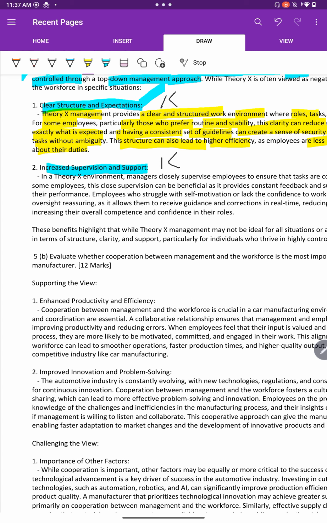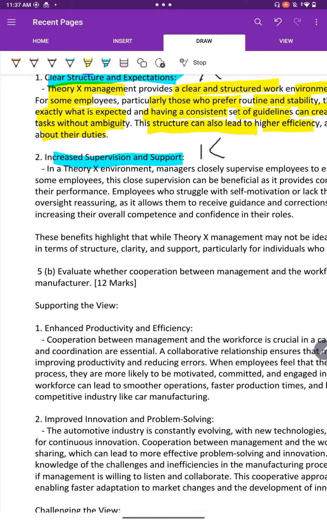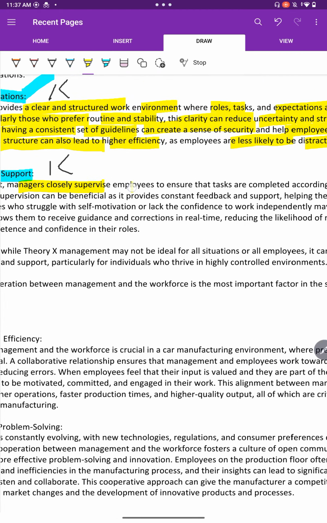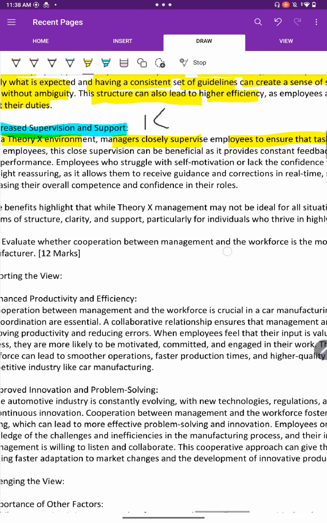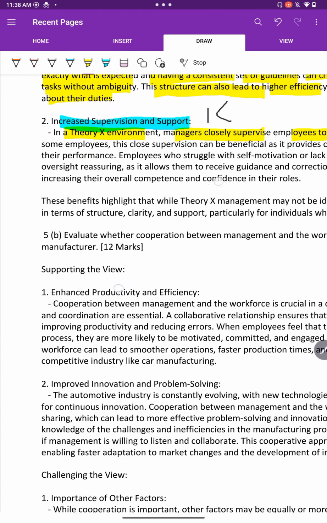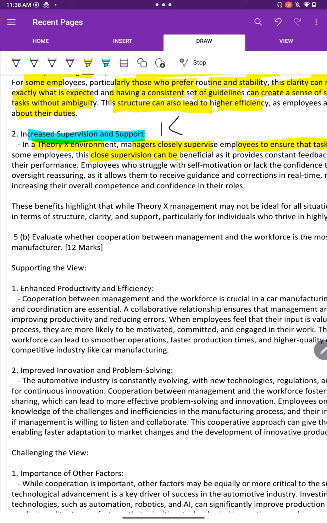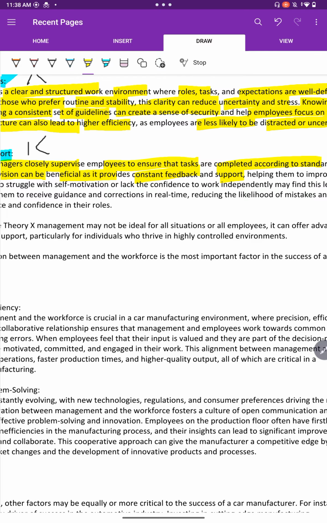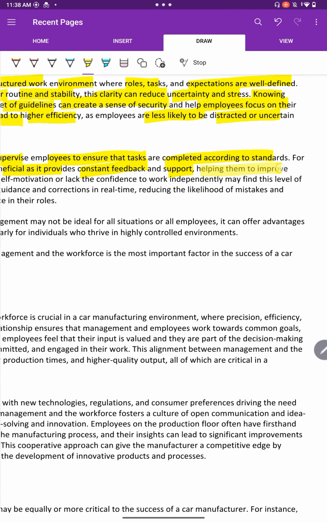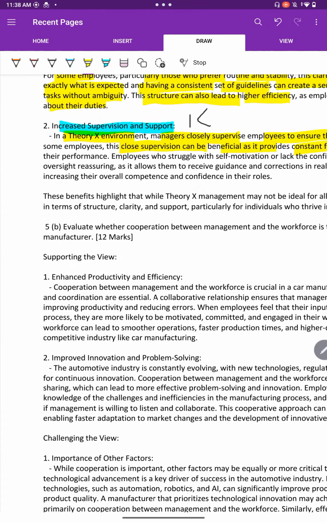And the second advantage would be increased supervision and support. In a Theory X environment, managers closely supervise employees to ensure that tasks are completed according to the standards. For some employees, this close supervision can be beneficial as it provides constant feedback and support, helping them to improve their performance.